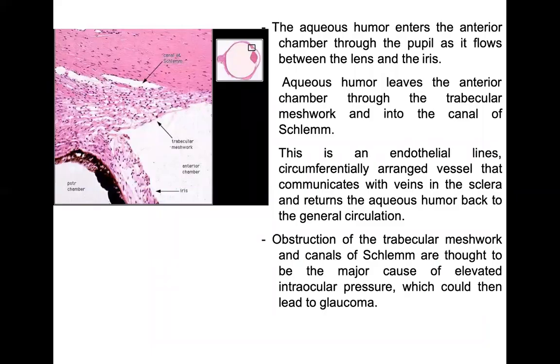So aqueous humor enters the anterior chamber through the pupils. So it flows between the lens and the iris. Then it goes into the trabecular meshwork to the canal of Schlemm. Now, obstruction in the aqueous humor outflow will cause the accumulation of this aqueous humor in the anterior chamber and what we call glaucoma, because it leads to an increase in the intraocular pressure.